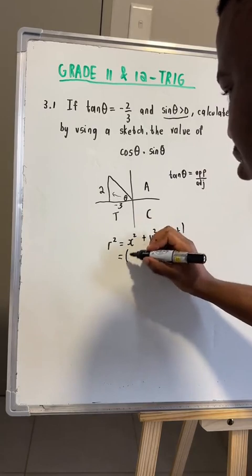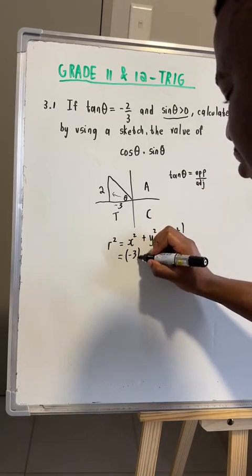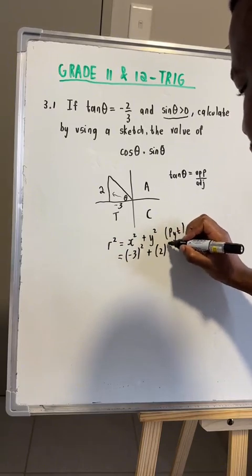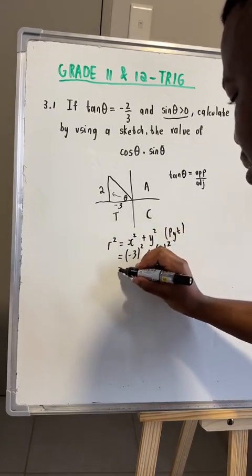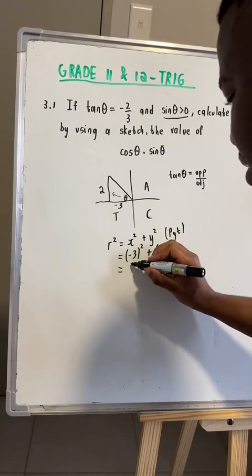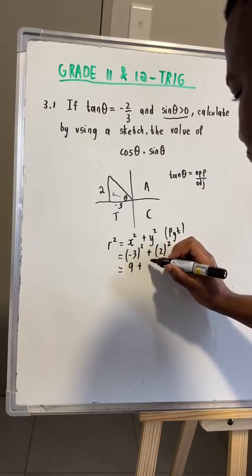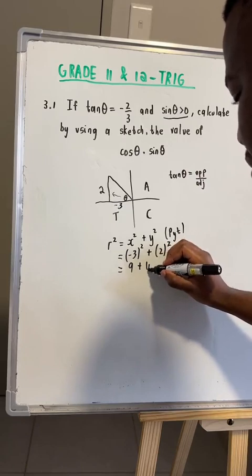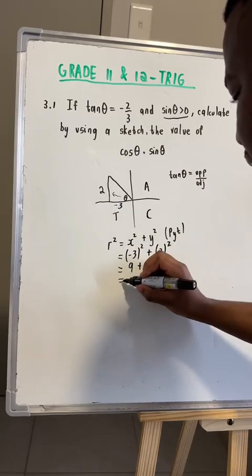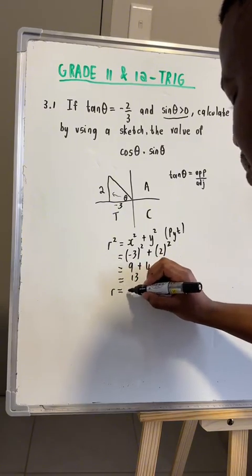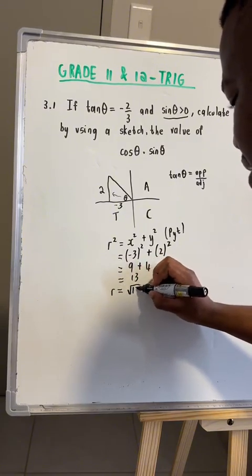This is equal to negative 3 squared, which is just 9, plus 2 squared, which is just 4. This will give us 13, which means that r will just be equal to the square root of 13.